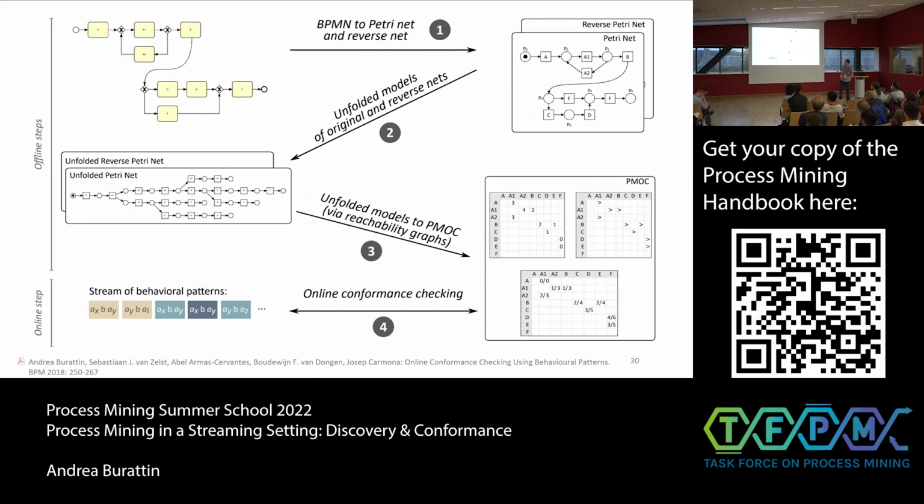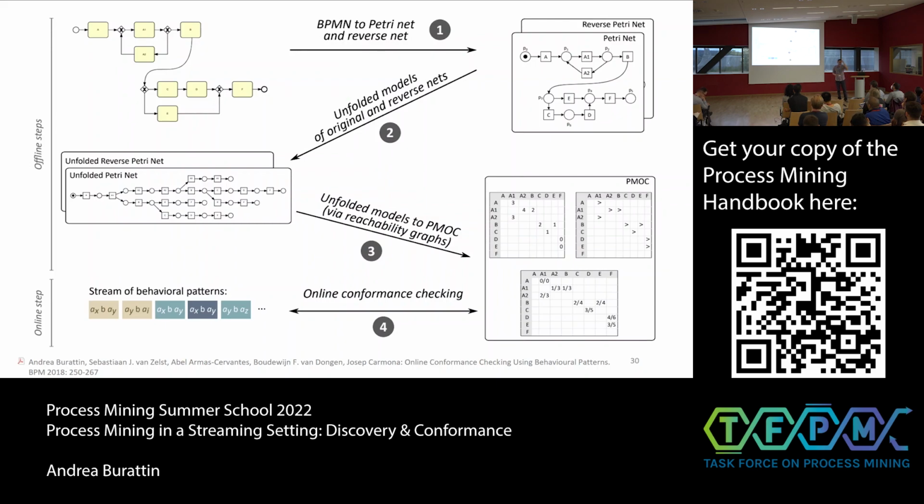And then what we need to do online is just checking the conformance between this data structure and our stream. And that requires just constant time complexity. The trick here was to squeeze the computation beforehand. Of course, when doing these kinds of operations, a lot of approximations are introduced.